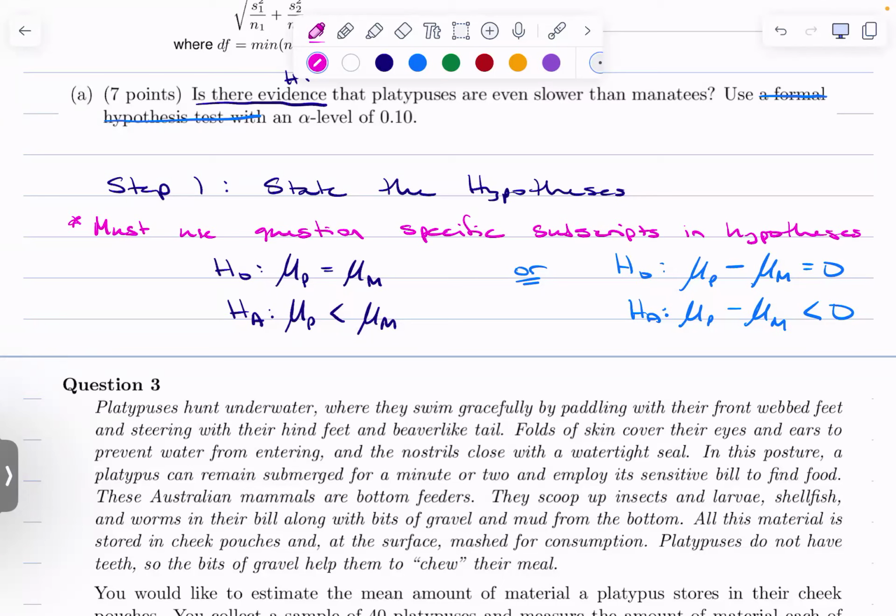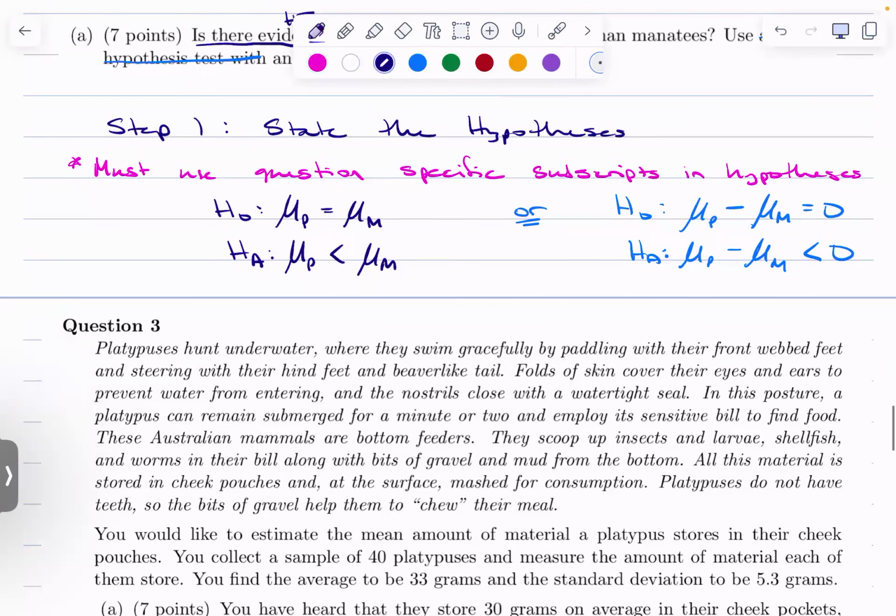Because it gets really messy. But you do have to in the hypothesis. Well, this is a one-sided test. I'm only concerned about the platypuses being significantly slower than the manatees. If we find evidence that the opposite is true, then I don't care about that. Right? And so this is a one-sided test.